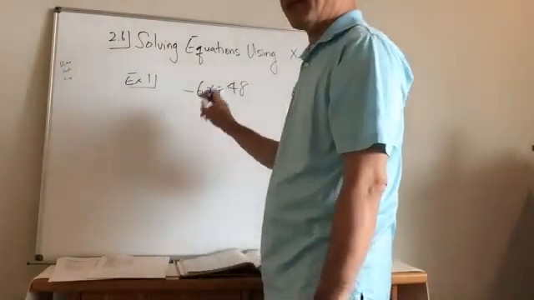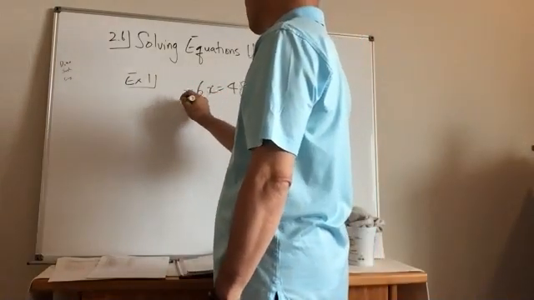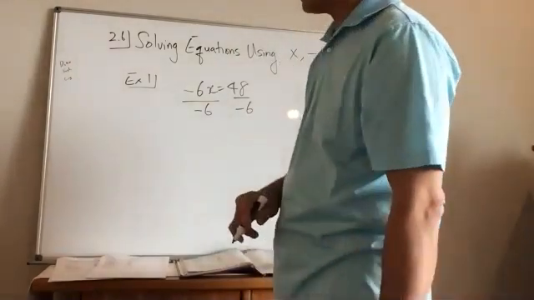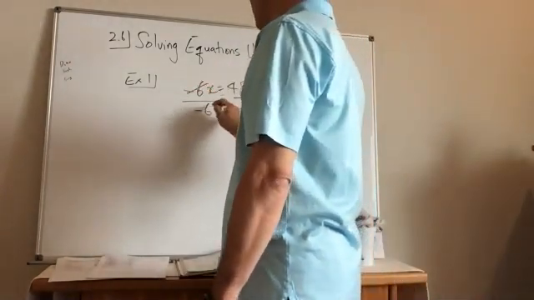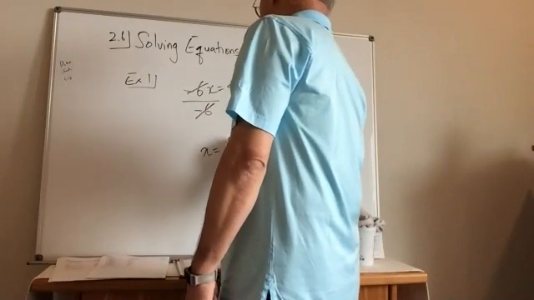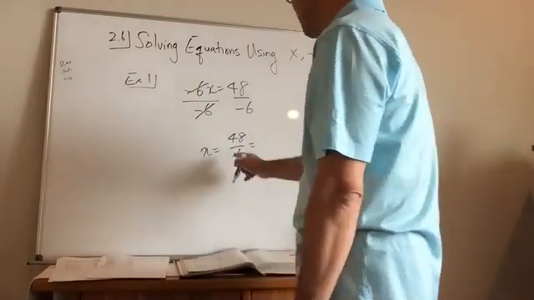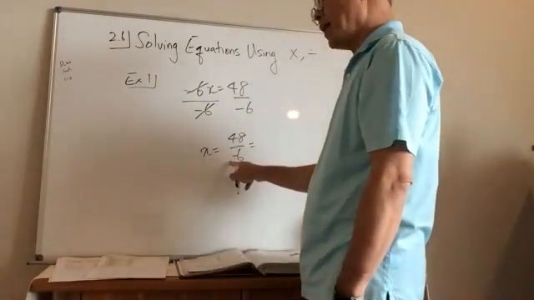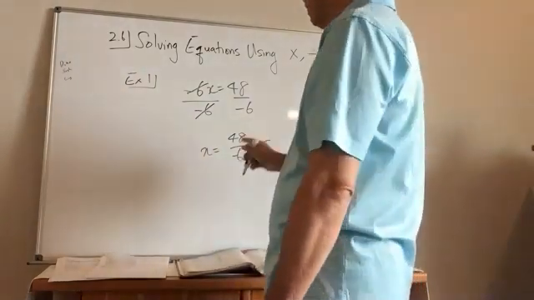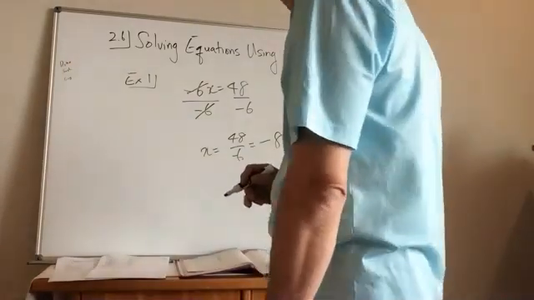I need to get rid of the negative 6. The way to get rid of that, since it's multiplication, is to divide both sides by negative 6. The negative 6 and the negative 6 cancel out. I have x is equal to 48 divided by negative 6, which, since a positive number divided by a negative number is a negative number, and 48 divided by 6 is 8, the answer would be negative 8.